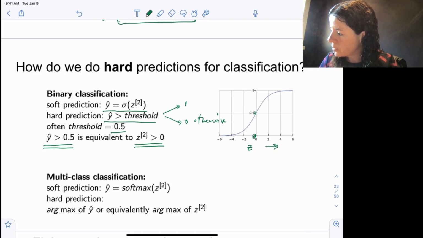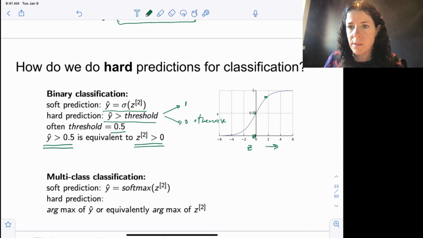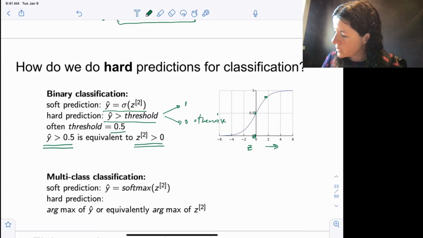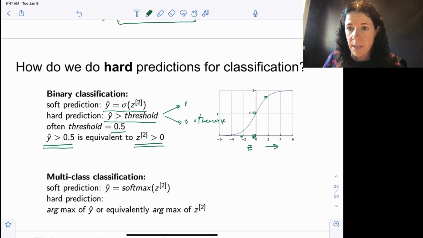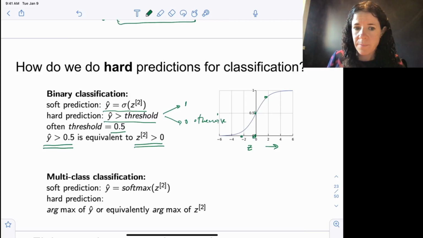And the other way around, if z is less than 0, I'm going to get a probability less than 0.5. So for a hard prediction, z2 bigger than 0 is equivalent to y hat bigger than 0.5.